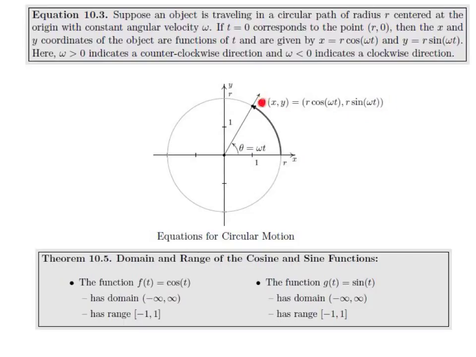When you pass into functions like this, where x and y are functions of time, you start to look at cosine and sine as functions. And as functions, the domain of both cosine and sine is negative infinity to positive infinity. You can plug anything you want into there. And the range is between negative 1 and positive 1, meaning you will never have anything larger than 1 come out of a sine function. These are useful in the future.